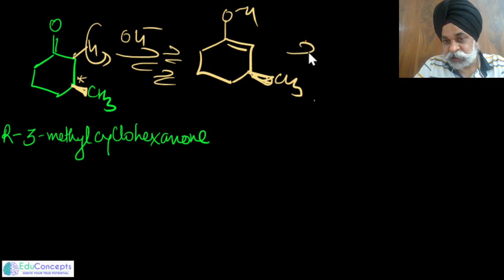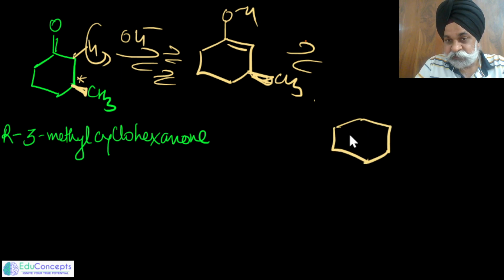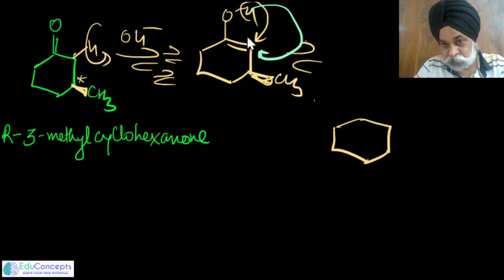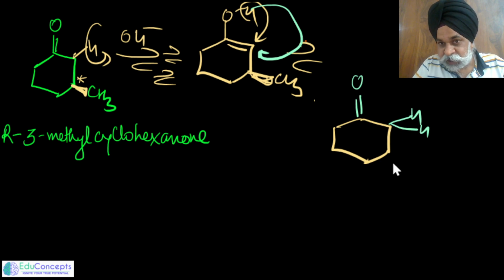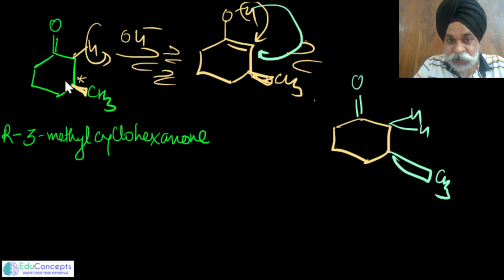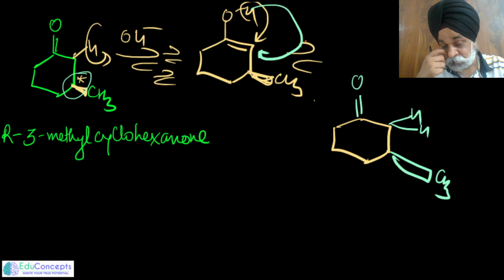And if you just would get back the same thing, whether the H now would come from the upper side or from the lower side, it doesn't matter, because both would create CH2 only. So here you would get the H and here also you would get the H, and this part would remain same. What I'm trying to say here is that this part of the molecule is not engaged during the tautomerism, or this carbon never went from sp3 to sp2 from the mechanistic viewpoint.